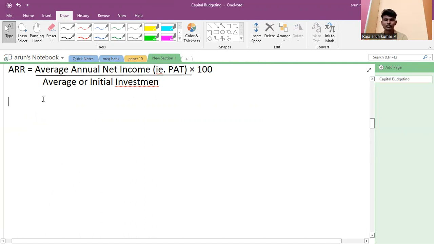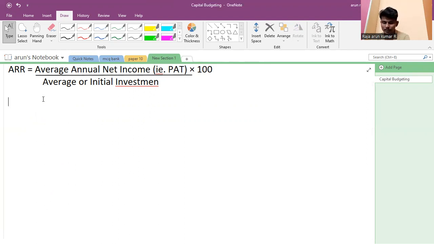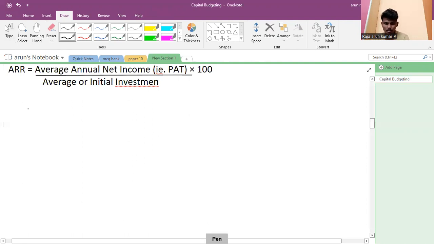Okay, we see the sum. Sorry for the delay. How do we find the average rate of return? What have they given? The fixed asset is 2 lakh, and the useful life of the asset is 5 years.